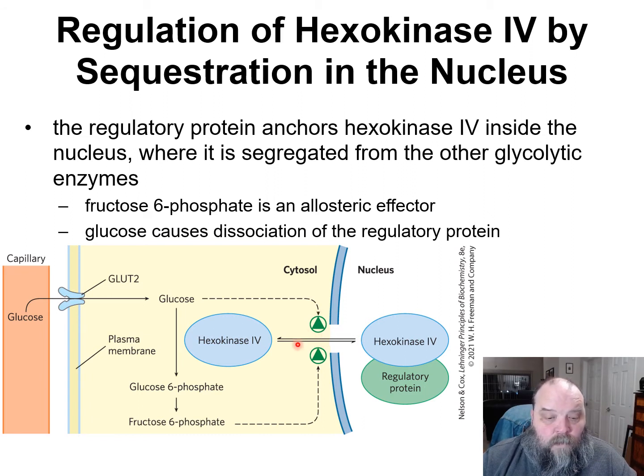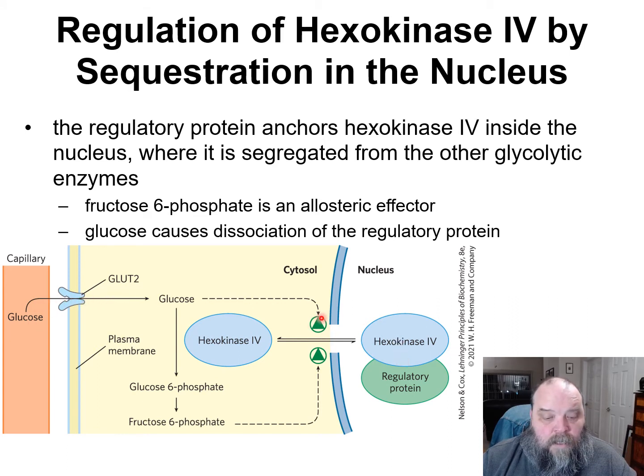It's going to interact with the transport proteins, and that allows hexokinase 4 to be transported out into the cytoplasm. Here in the nucleus, it's held by a regulatory protein, kept in stasis.